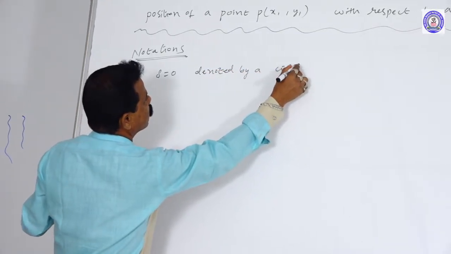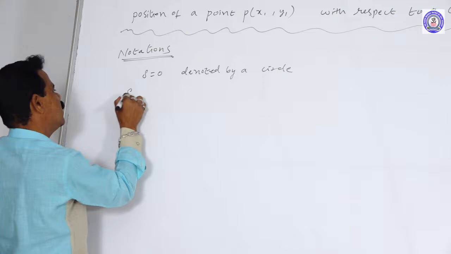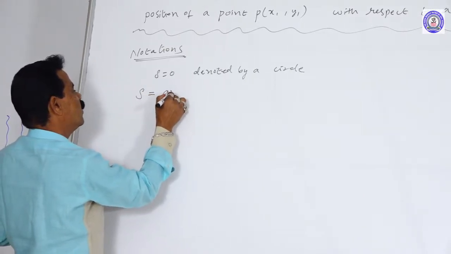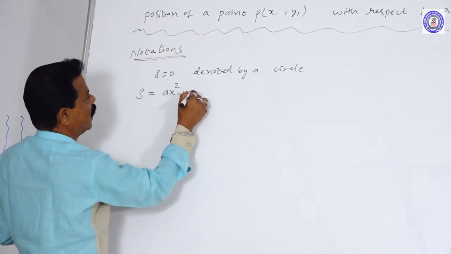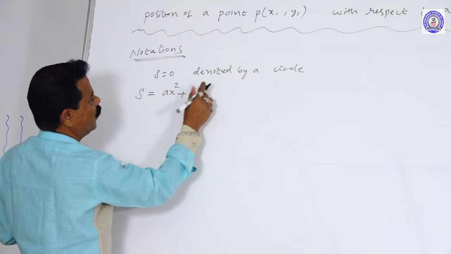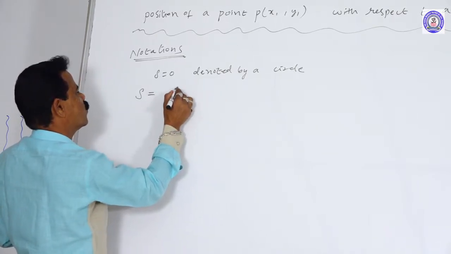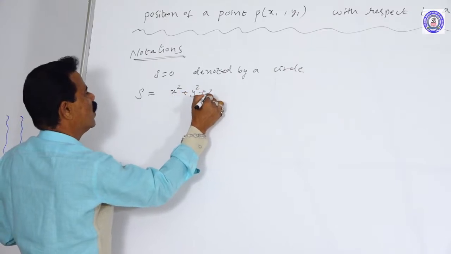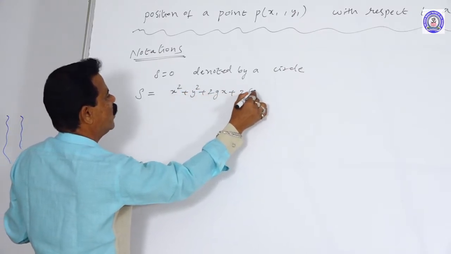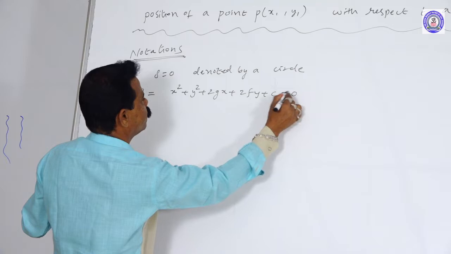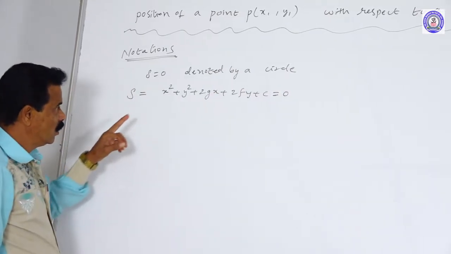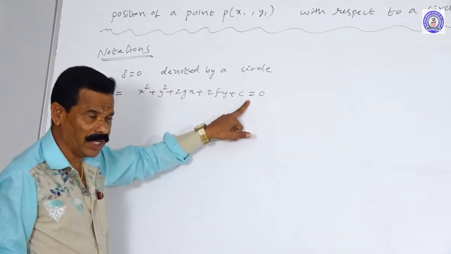S = 0 is the circle in standard or general form: x² + y² + 2gx + 2fy + c = 0.